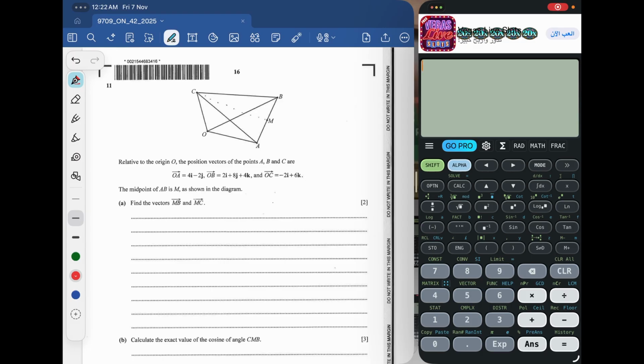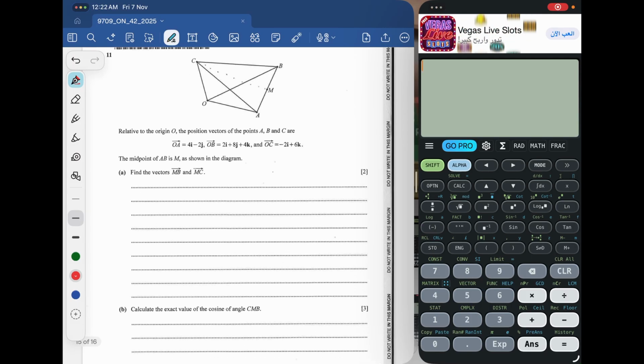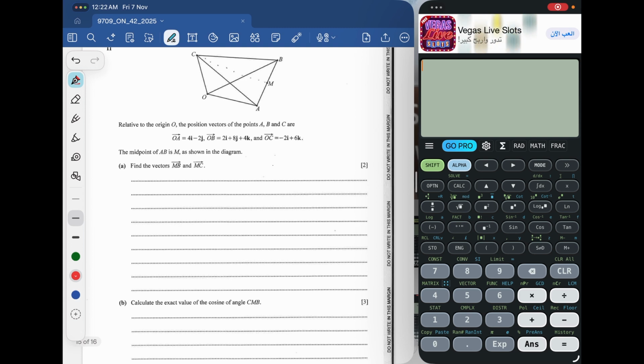Okay, this is vectors, and we're told to find MB, MC, and the angle CMB. All right, so first thing we're going to do here: MB is half of AB, because they told us M is the midpoint, right? And what is AB?